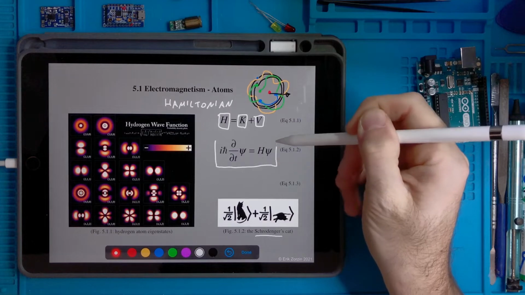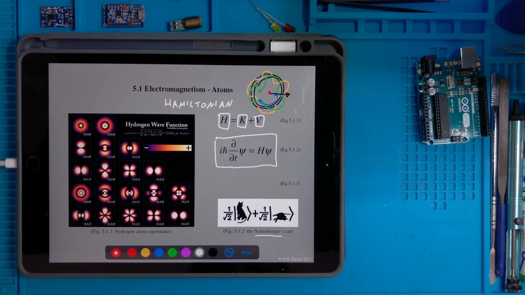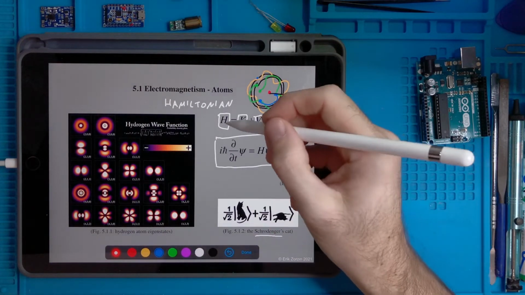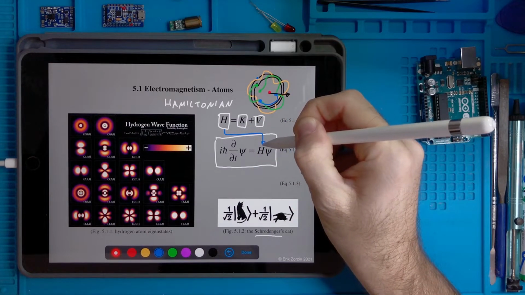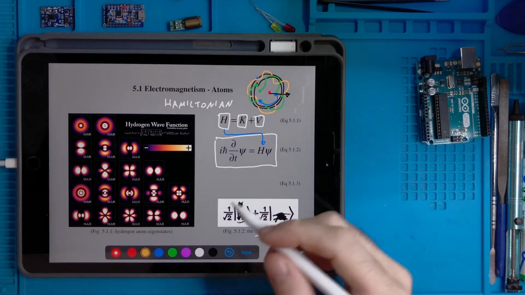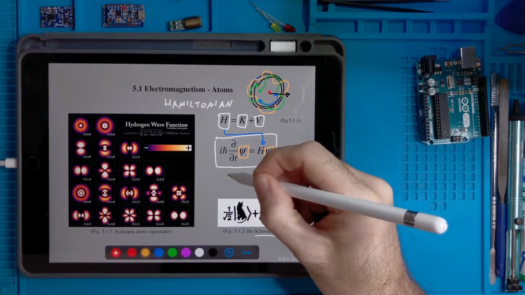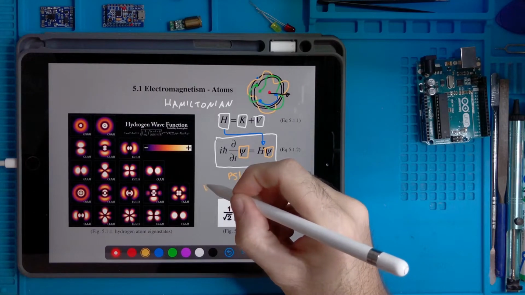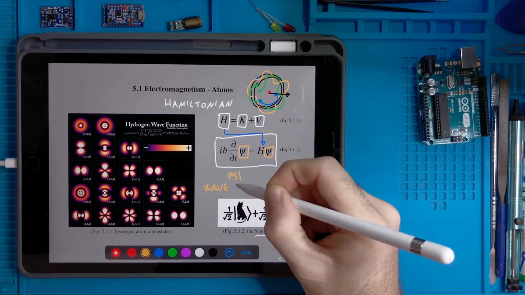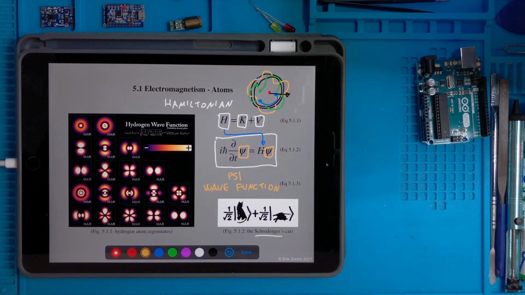So he found a very important equation which is called the Schrödinger equation, which makes use of this Hamiltonian object plus another object he introduced, which is this one, psi, the so-called wave function. Okay.